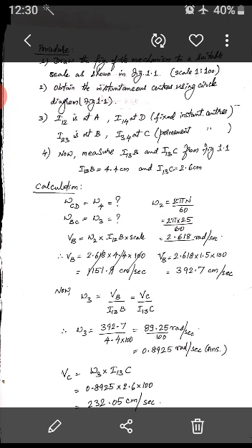Now see the next formula. Omega 3 is equal to VB divided by I13B, and it is also equal to VC divided by I13C. Why is it equal? Because point B and point C both are on link 3. So always you should take I13. What is the meaning of I13?